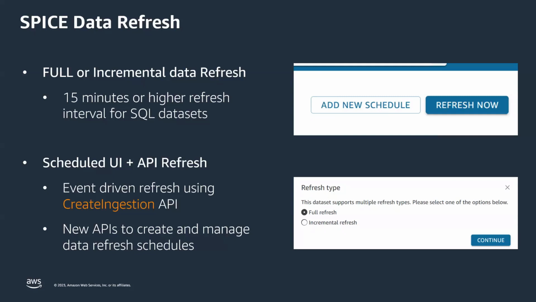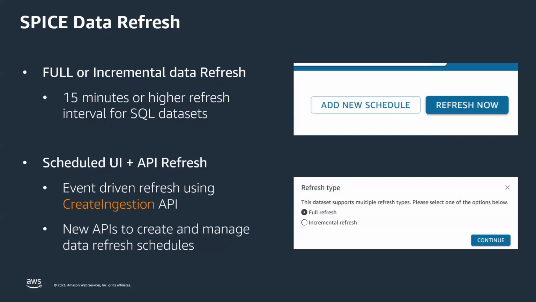And we'll look here at how you can add a refresh schedule for either full or incremental data refresh. And you can schedule your data refreshes using both the UI and API. Recently, we released an API to schedule data refreshes for SPICE. And if your use case is to refresh SPICE data not based on a schedule, but based on an event, if you want to trigger it, you do have the option to use another API called the CreateIngestion API.